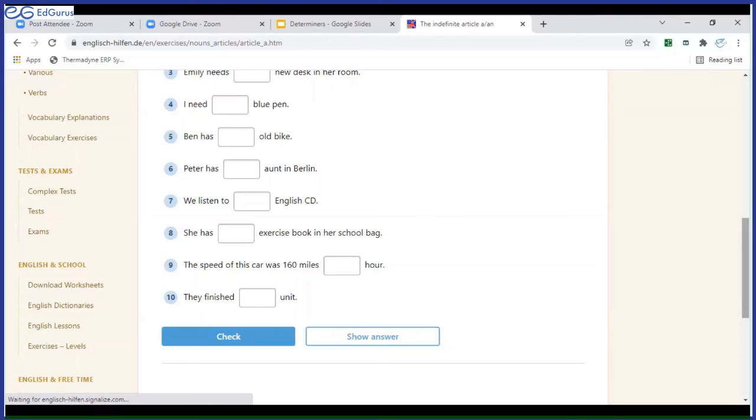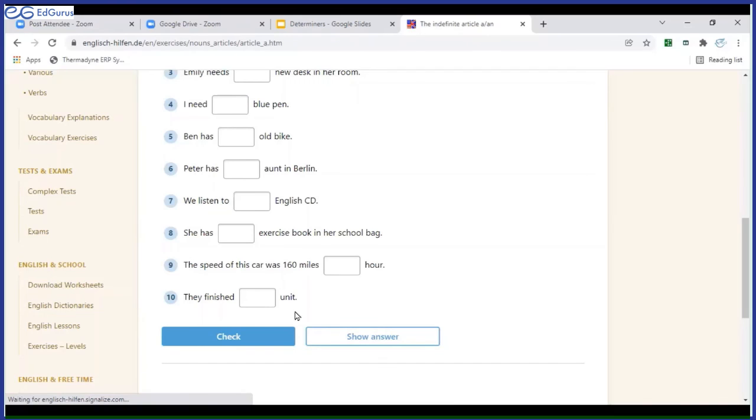The reason is, you see, that U is a vowel, but its sound is that of Y-O-U. Right? Its sound is not that of U. For example, we say an umbrella. We never say a umbrella. Because U's sound is actually as a. An umbrella.